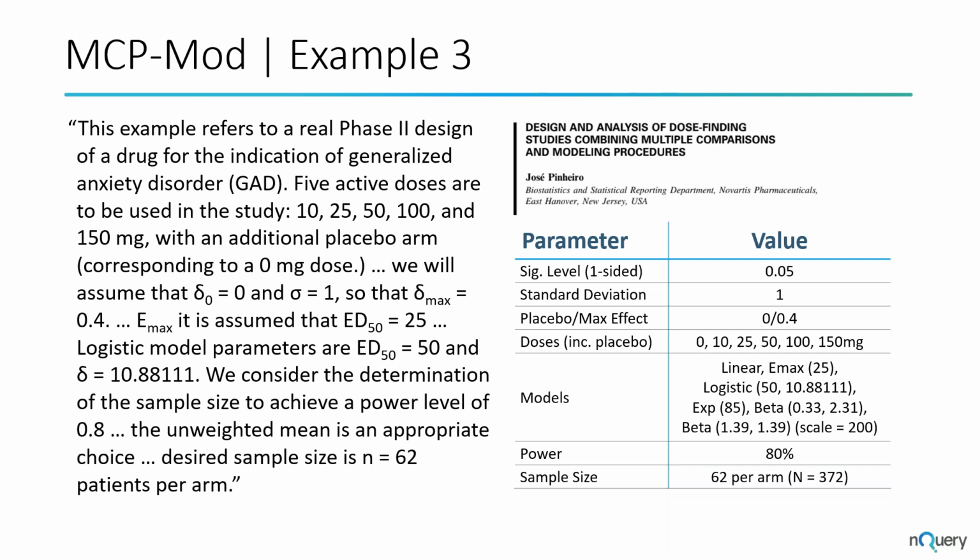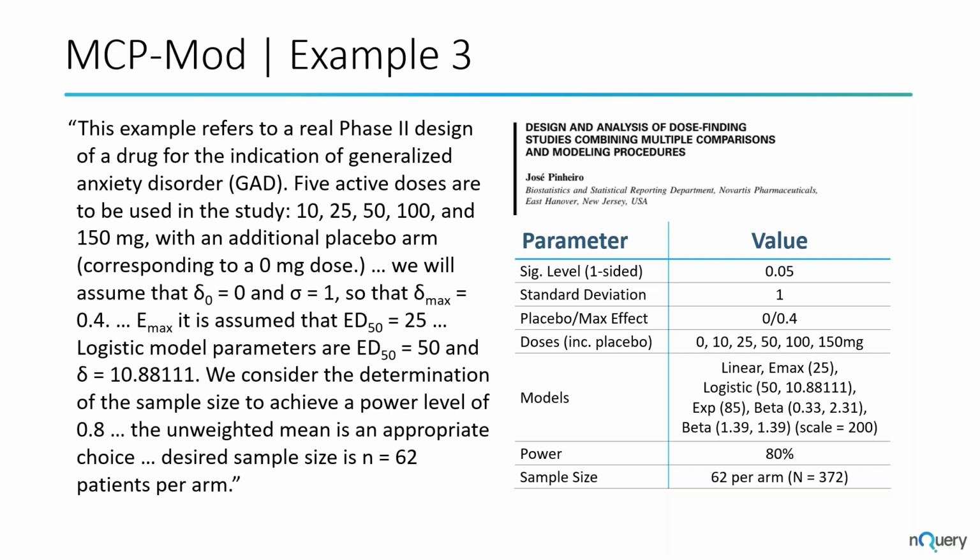And here in the text, the relevant details from the paper itself that we need to replicate the example are stitched together. So there are 6 doses for consideration, 1 placebo and 5 active doses. It was assumed that the placebo effect was 0, that delta max, or the maximum expected treatment effect, was 0.4, and that the common standard deviation was 1.